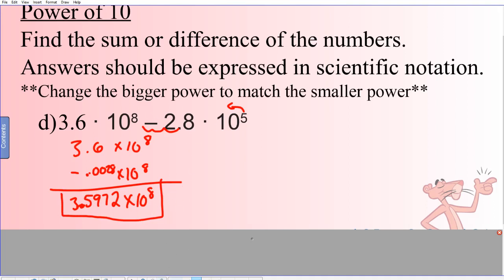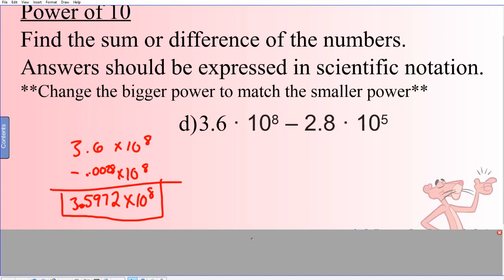Now, if I was going to do this by hand using standard form, this top number would be 3, 6, 1, 2, 3, 4, 5, 6, 7, 8 decimal places, with commas for prettiness. This one would be 1, 2, 3, 4, 5. I'd have 4 zeros, so I'm just lining up my decimals here at the end. I have 4 zeros, 2, 8.